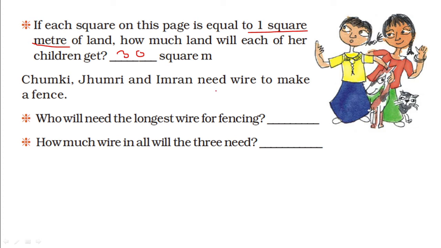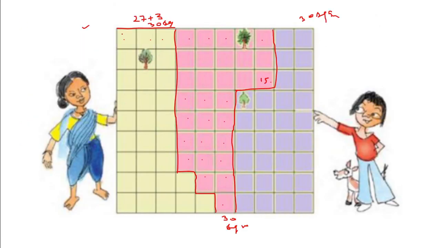Chumki, Jhumki and Imran need wire to make a fence. Okay, who will need the longest wire and how much wire in all do they need? So you can see how much wire the first child will need.